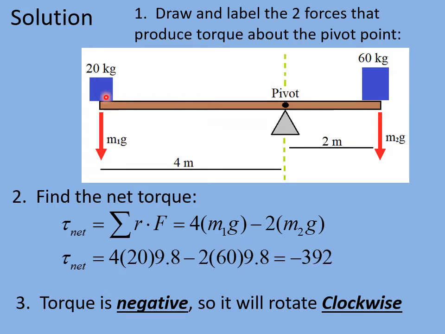And so they are going to generate a torque that's going to make this beam rotate either clockwise or counterclockwise, depending on which of these torques is greater. So we're going to find the net torque. The first thing we can do here is notice that this torque would tend to rotate the beam counterclockwise. So that's our positive direction. That's our positive torque.